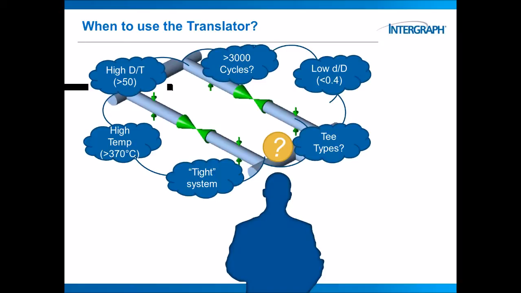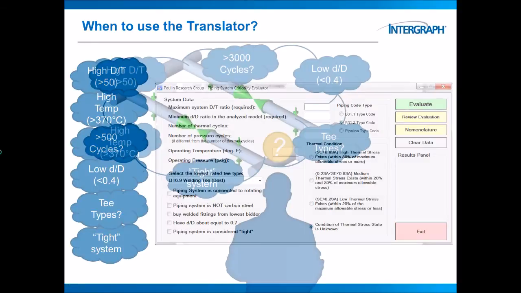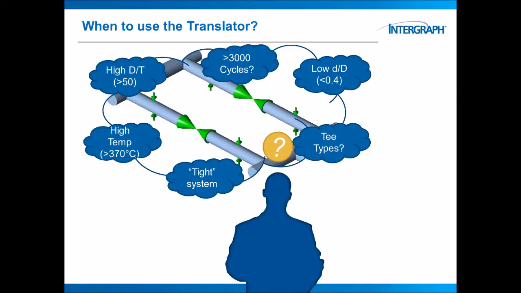And does your system cycle? Something greater than around 3,000 cycles. Notice that the 3,000 is not the full 7,000 cycles as per the fatigue curves. But does your system cycle?